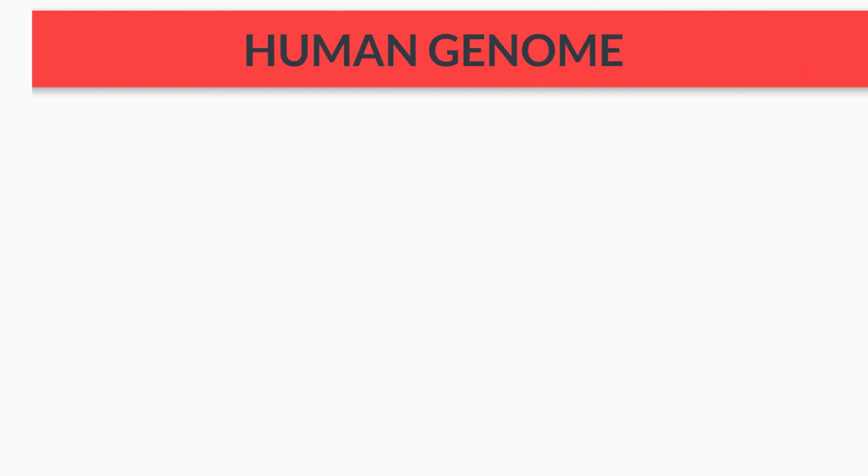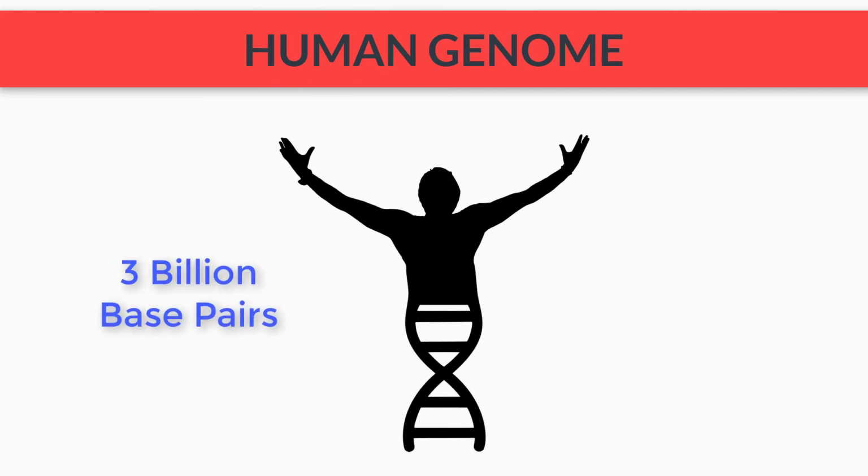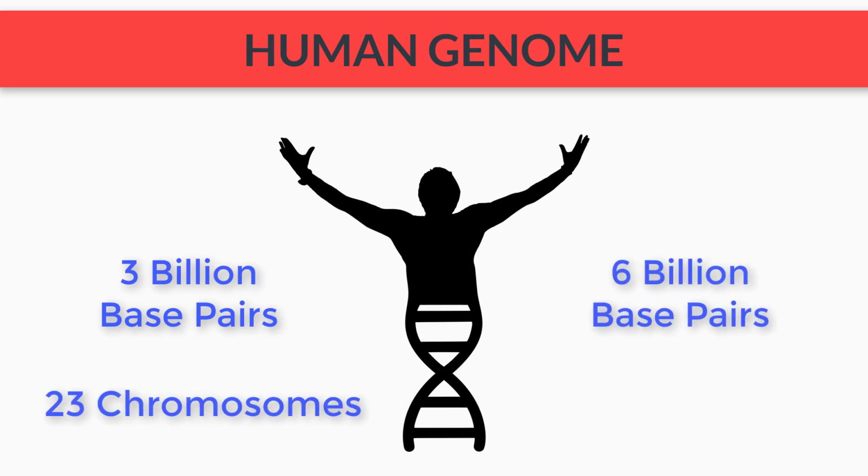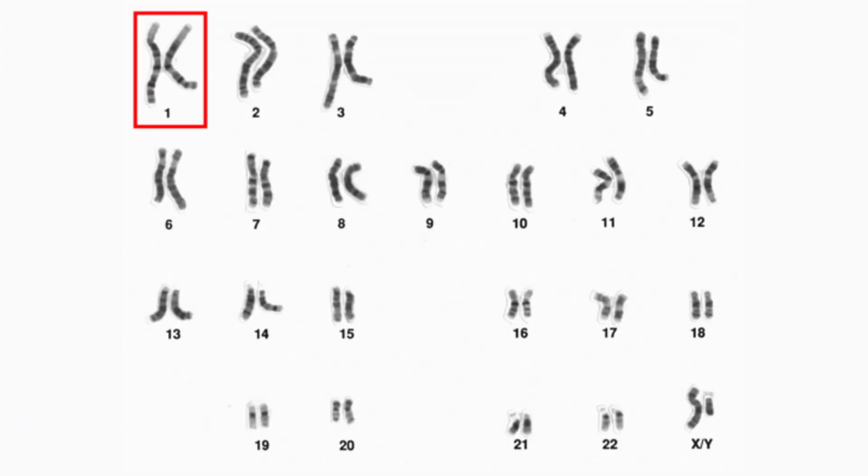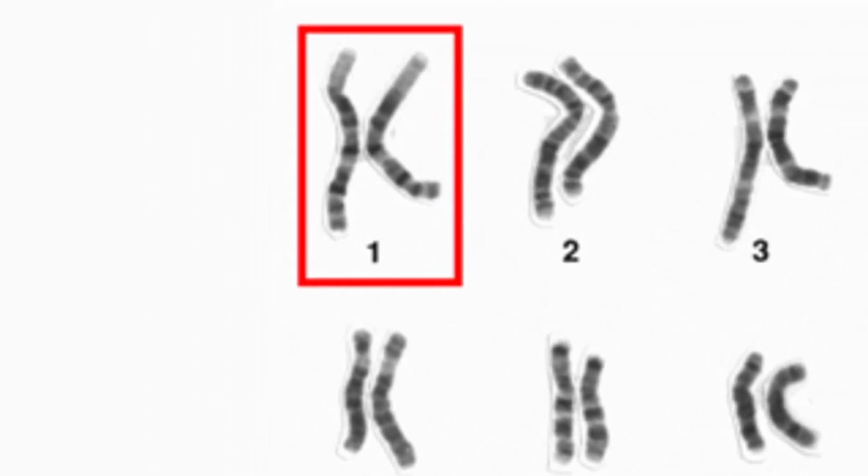A human genome contains 3 billion base pairs of DNA packed into our 23 chromosomes. That is 6 billion base pairs of DNA packed into our somatic cells. So how many base pairs do we have in our chromosome? A human chromosome number 1, which is the largest, has 249 million base pairs in it.